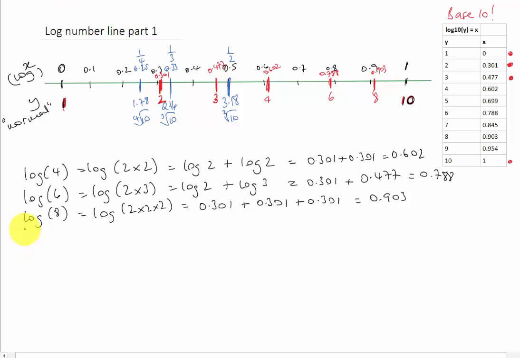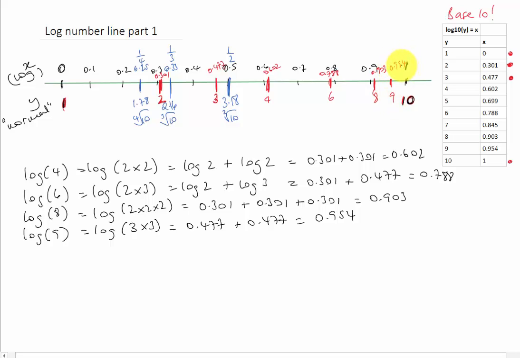And finally in this sequence we've got the log of 9, which is equal to the log of 3 times 3, or 0.477 plus 0.477, which is 0.954. That's all the way up here.